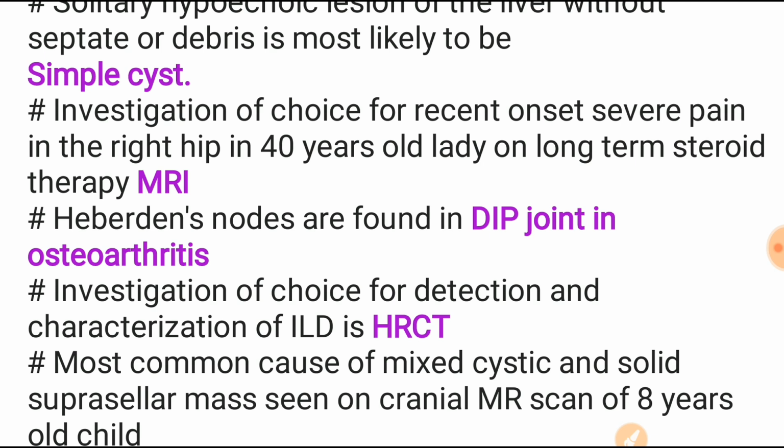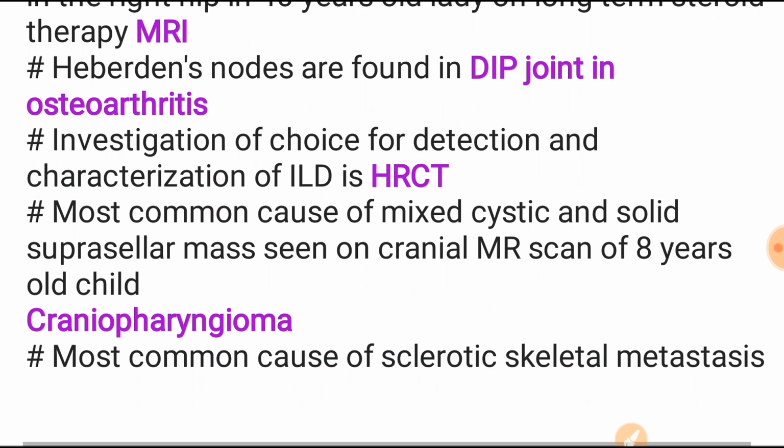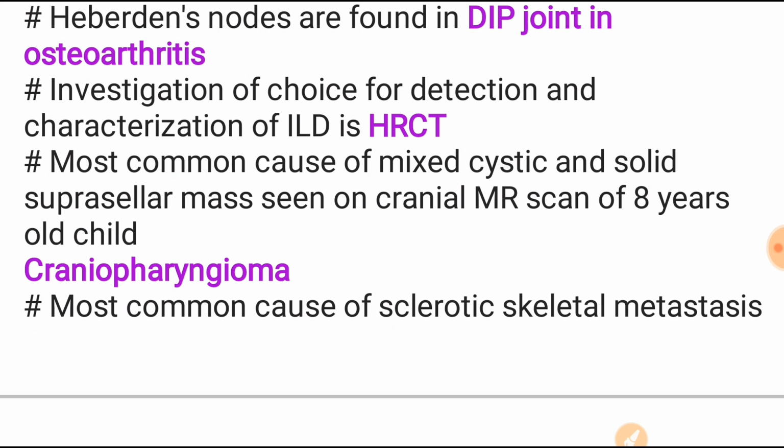Heberden's nodules are found in the distal interphalangeal joint in osteoarthritis. Heberden's nodule. Next, the investigation of choice for detection and characterization of ILD is HRCT. Most common cause of a mixed cystic and solid suprasellar mass seen on cranial MRI scan of an 8-year-old child will be craniopharyngioma.